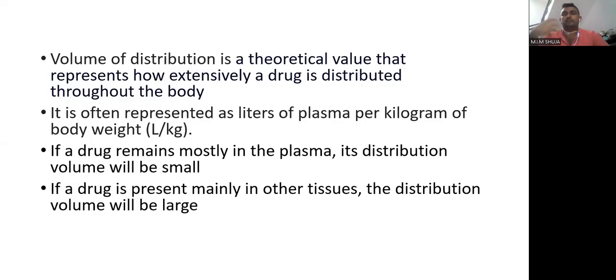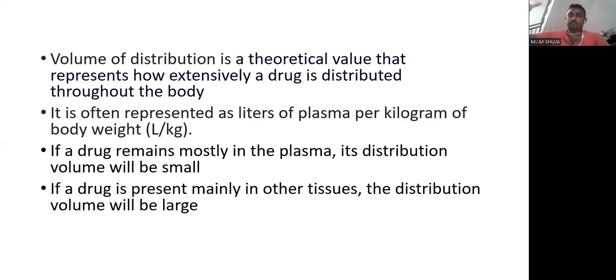Now, what do you understand by increased volume of distribution? The drug is distributed throughout the body extensively. What is reduced volume of distribution? The drug is not distributed extensively. It is confined to the systemic circulation or plasma itself.